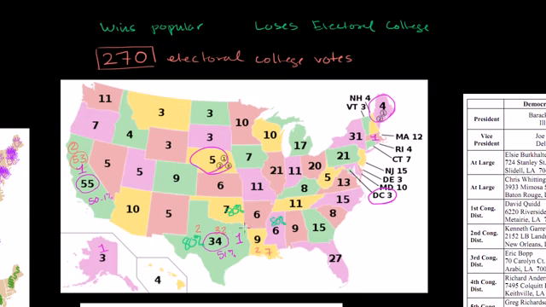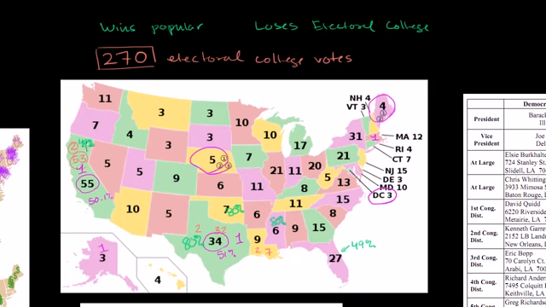And they barely lose those really big states. So let's say in Florida, that candidate gets 49% of the vote. So they had a lot of votes in Florida, but not enough to win it. The other person, let's say, gets 51%. All 27 go to the other candidate. Let's say the same thing happens in California. That candidate got 49% of the vote.